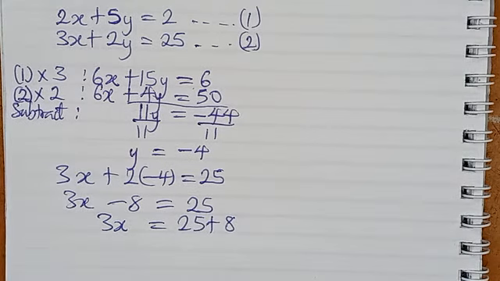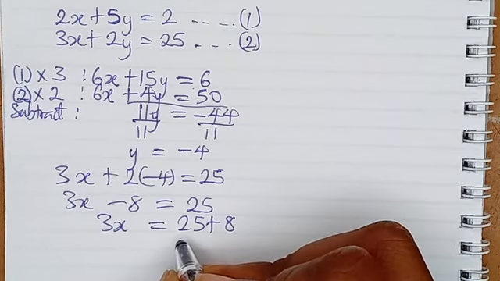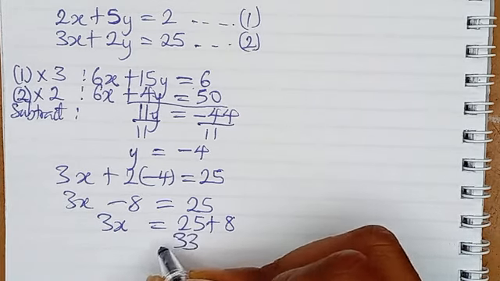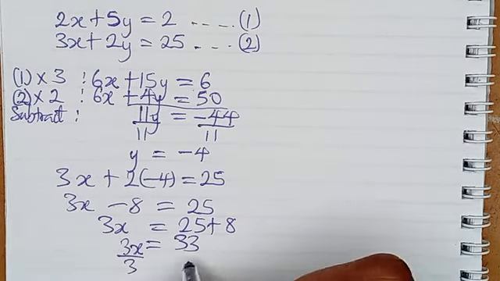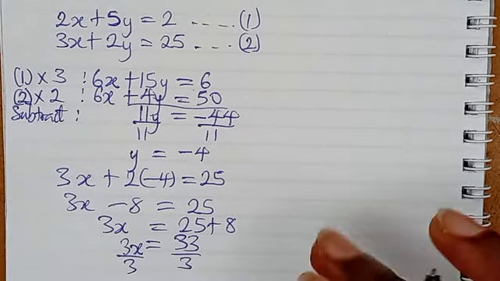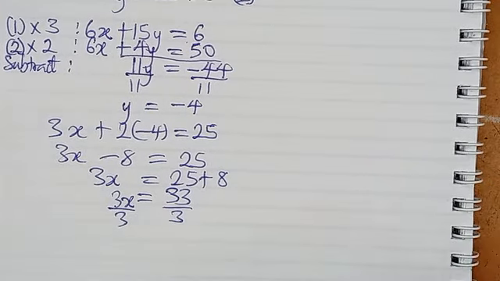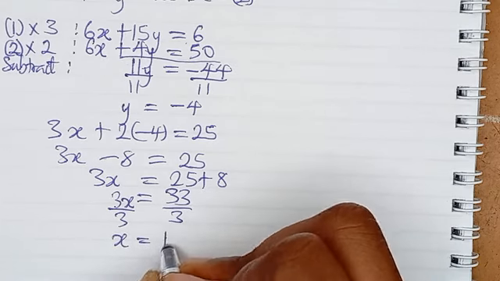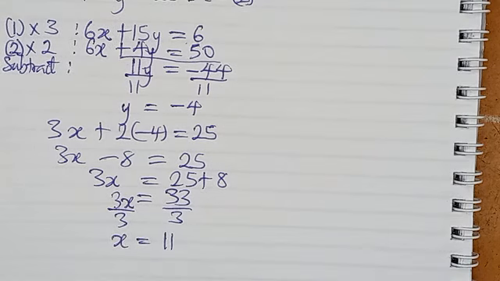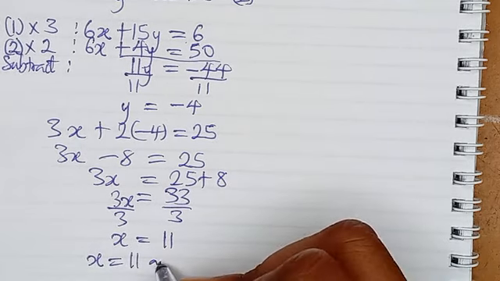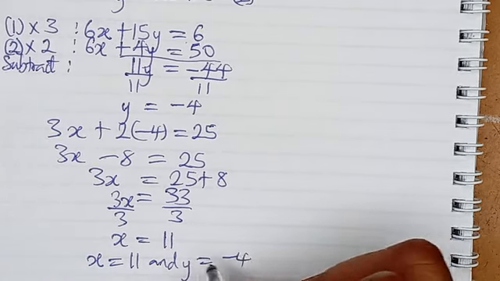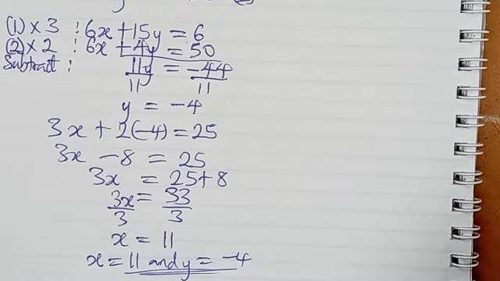And then 25 plus 8 is equal to 33, we divide both sides of the equation by 3. And then we have that x is equal to 11. So we finally solve for x and y. We have that x is equal to 11 and y is equal to -4 as the solutions to the simultaneous equation.